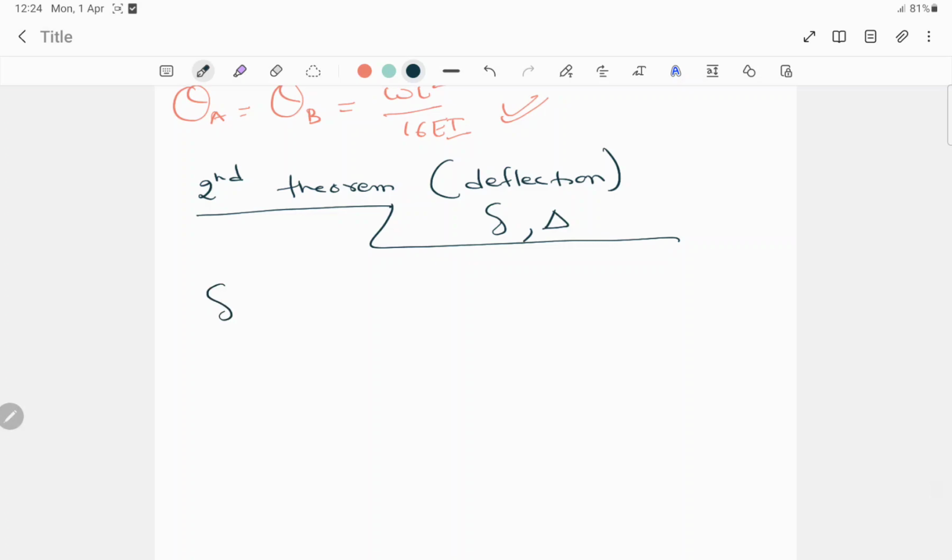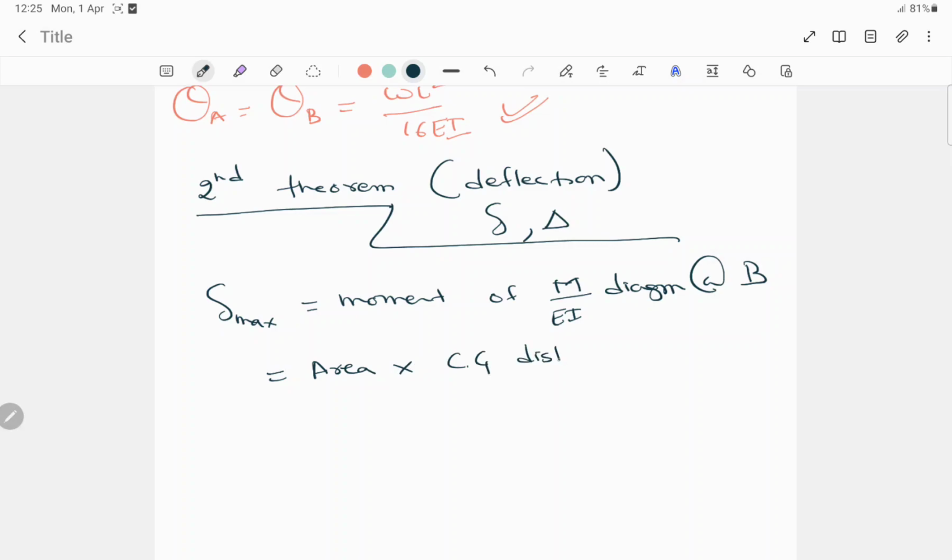I'll use this delta. To find the delta value, what was the formula? The moment of the M by EI diagram at, suppose, B.